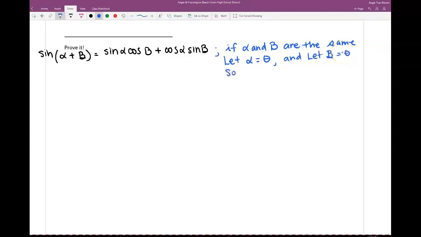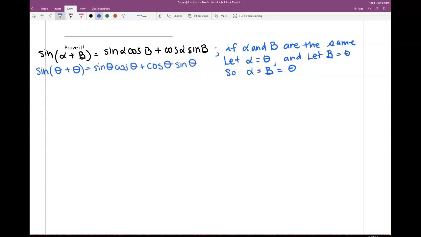So this means alpha is the same as beta because they're all theta. So what I'm going to do is substitute this in. Every time I see alpha and beta, I will now use just theta, okay?